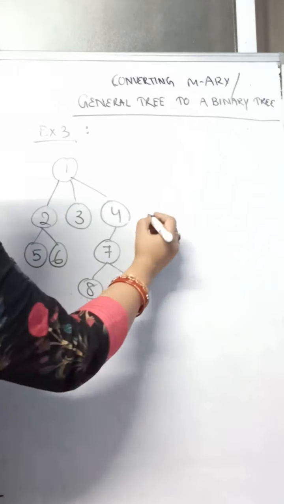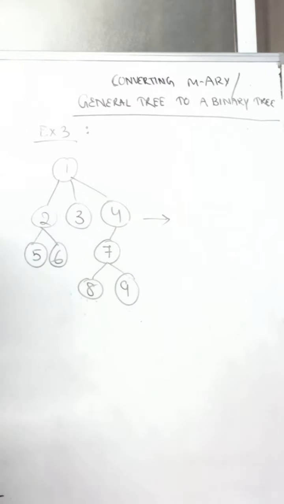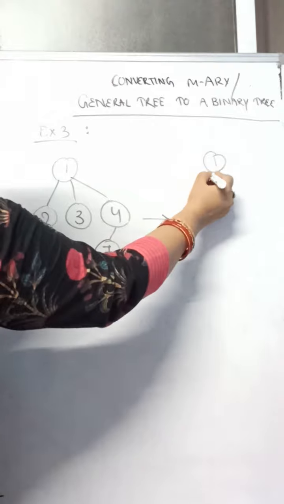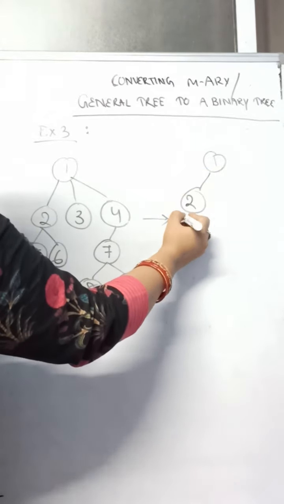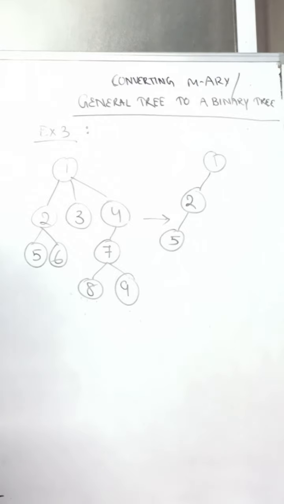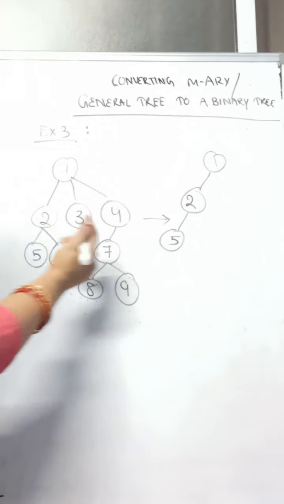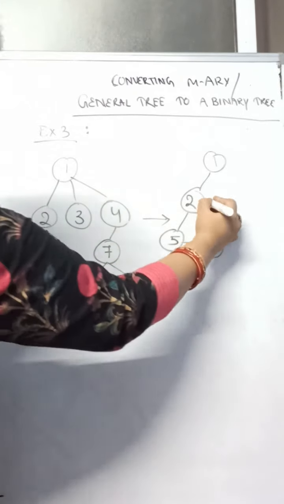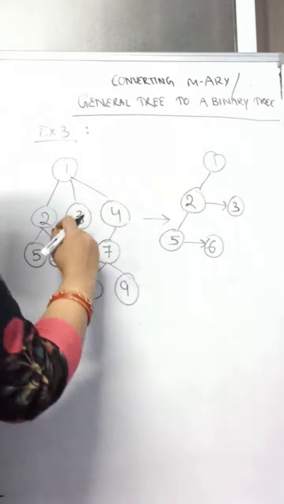So first I have to convert it. Okay, so now 1, 2, 5. I have to write the left part first, then this is its right, then this is its right.